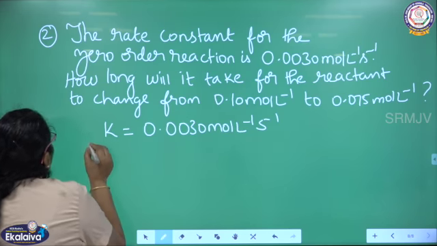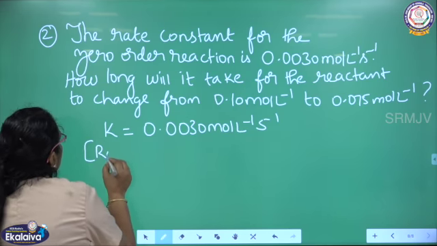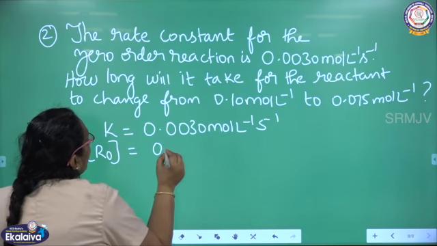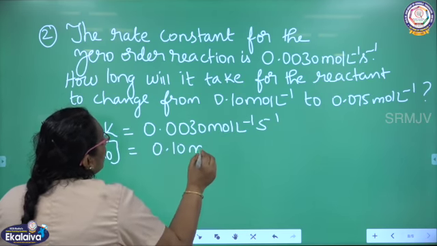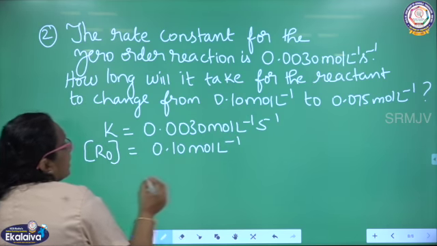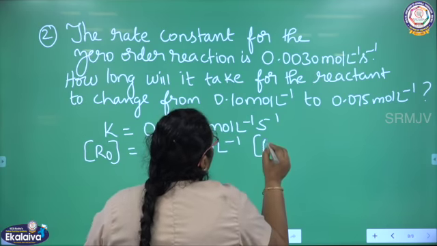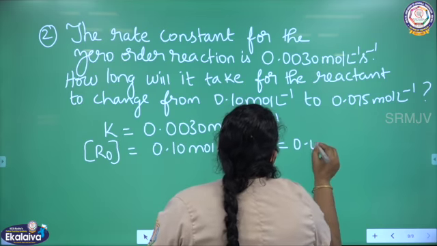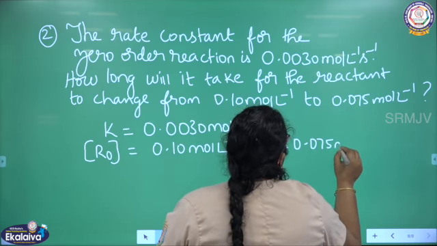They have given R naught, that is the initial concentration, 0.10 mole per liter. The final concentration, R value, they have also given, which is nothing but 0.075 mole per liter.